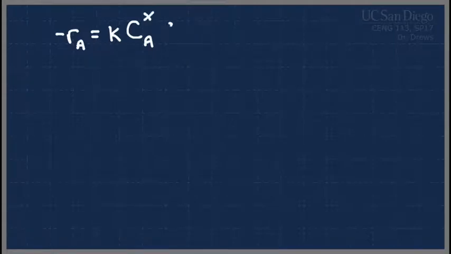There's a little note about an elementary rate law. Most of the time, these things end up looking like R sub A is equal to something like C sub A raised to the x power and C sub B raised to the y power, where x and y are whatever those stoichiometric coefficients happen to be.